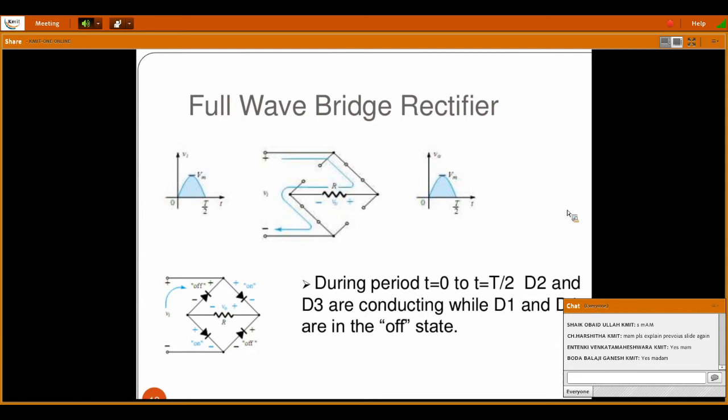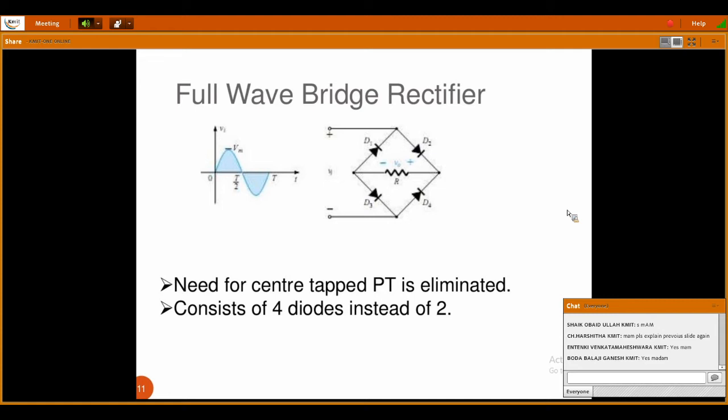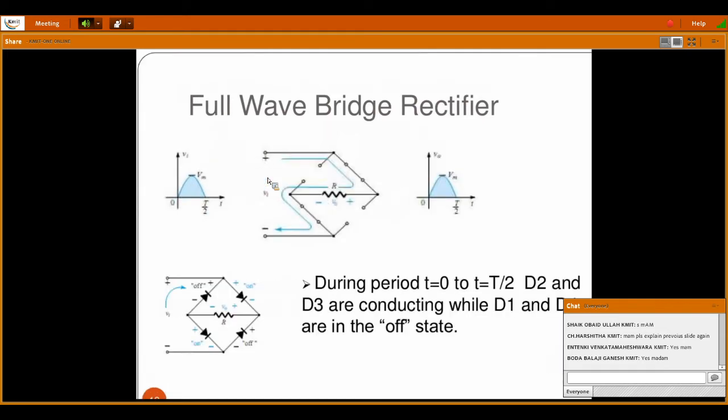During the positive half cycle in the input waveform, it is represented as 0 to T by 2, and the negative half cycle is T by 2 to T. The complete time period of the sine wave is taken as 0 to T. Now we will learn the operation in terms of time period, with 0 to T by 2 as the positive half cycle and T by 2 to T as the negative half cycle. Now we will see what happens during 0 to T by 2, that is during the positive half cycle. You can see the circuit diagram here.